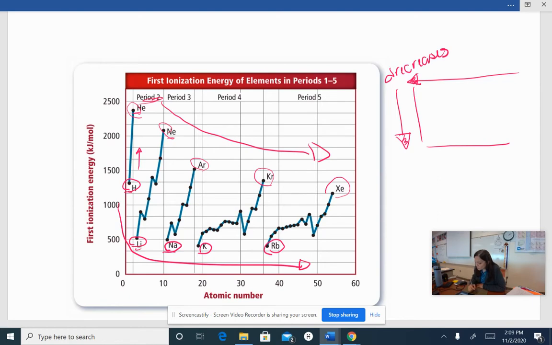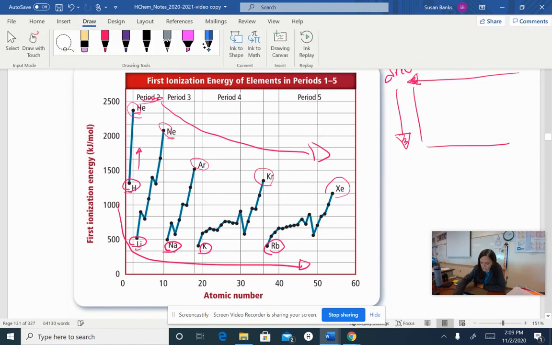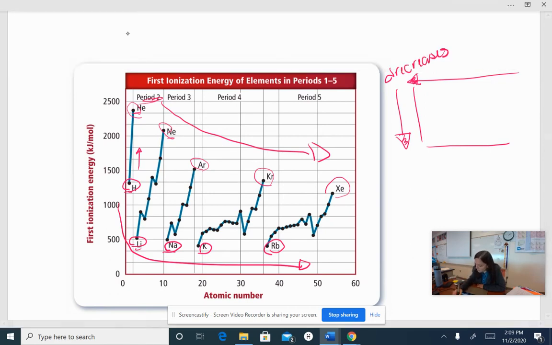So the normal trend for ionization energy, we usually do trends in terms of increasing. Let's change the color here. The trend is, this is the largest.